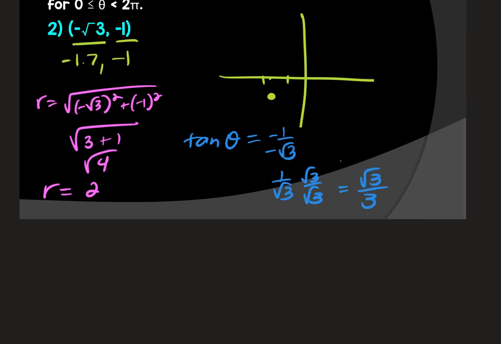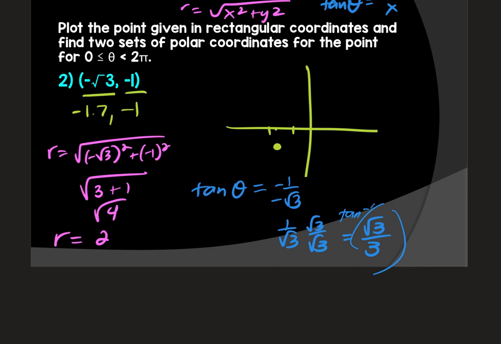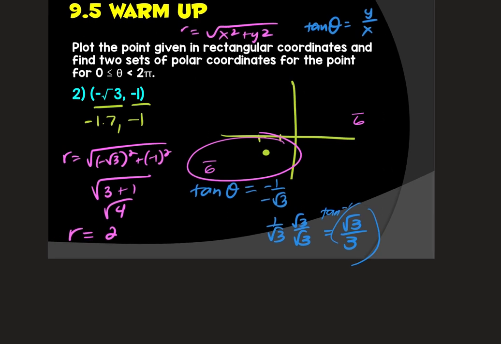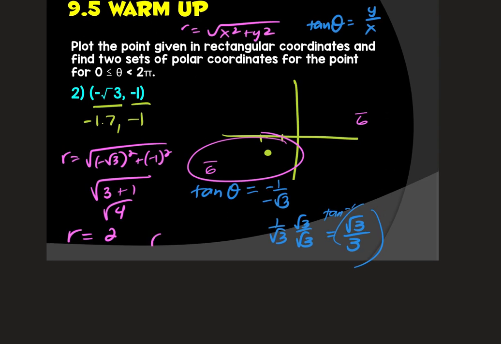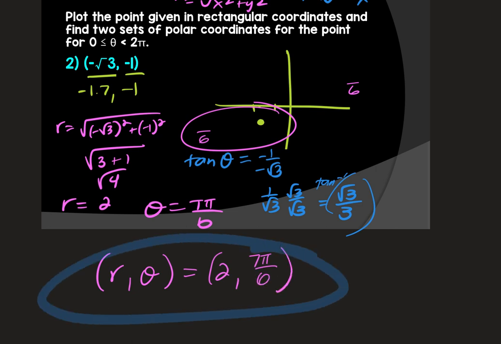Positive root 3 over 3. So where is tan positive root 3 over 3? There's 2 answers, right? The pi over 6 in the first quadrant and the pi over 6 in the third quadrant. And we know to pick the third quadrant, which that pi over 6 is 7 pi over 6. And then I write it in polar coordinate form. So it looks like that.